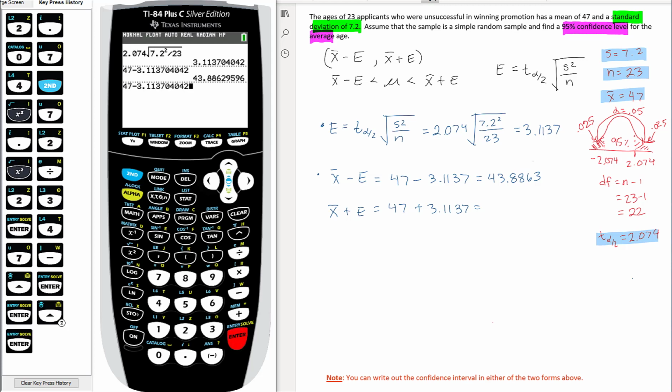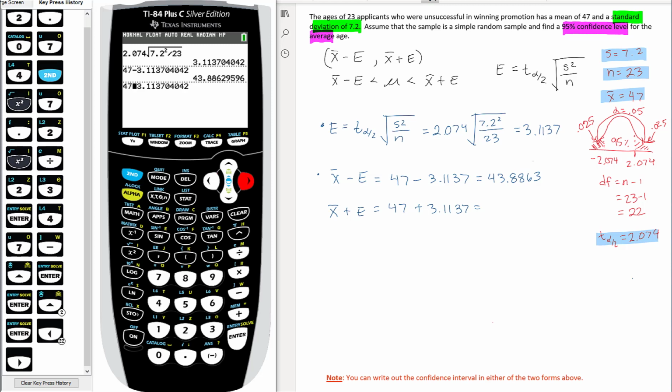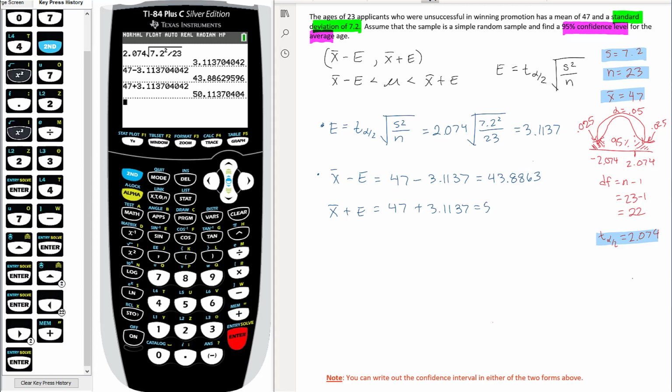Hit enter, and then you can go back until you get to that minus, and instead of the minus, you would just put a plus. Hit enter, and you get 50.1137. Then when you're writing your answer, you have to write it as a confidence interval.